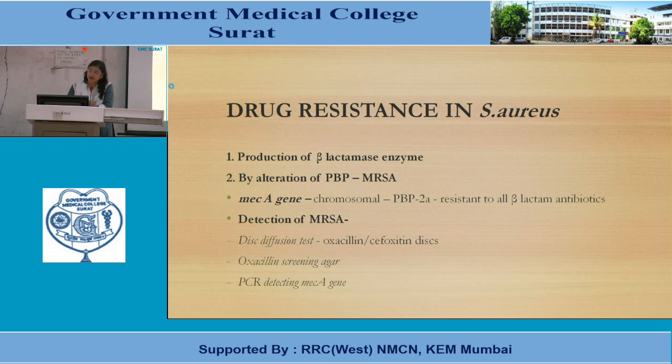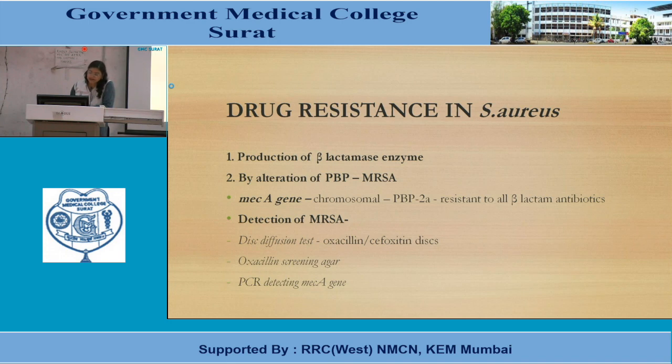Another mechanism of drug resistance is by alteration of penicillin binding protein, that is PBP. And this is seen in cases of MRSA, that is methicillin resistant Staph aureus. This is mediated by the mecA gene. The mecA gene is a chromosomal gene which encodes for the conversion of penicillin binding protein to penicillin binding protein 2A.